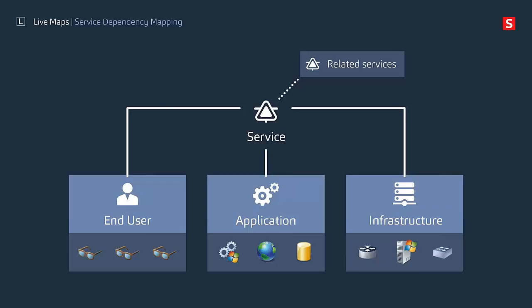Next, we look at the application component of that business service. This is the software components that make up our business service, such as a database running on an environment, a web front end, and an application server carrying through the service level transactions.